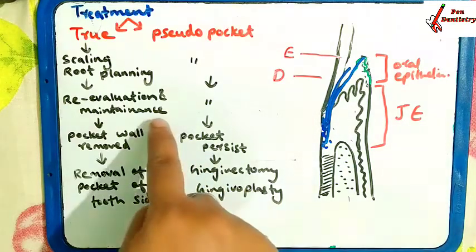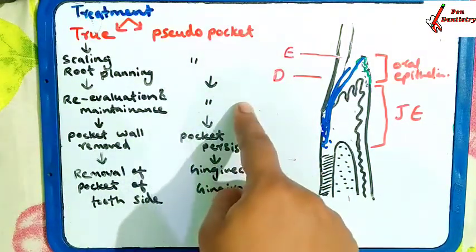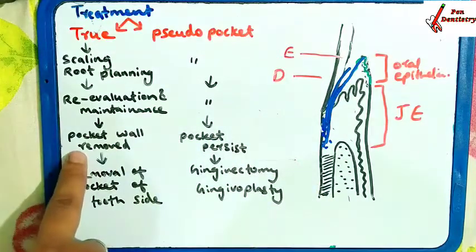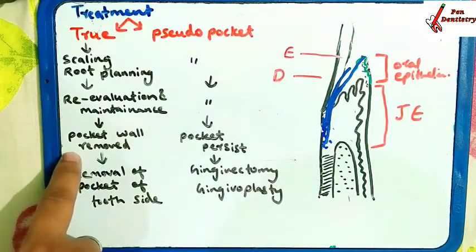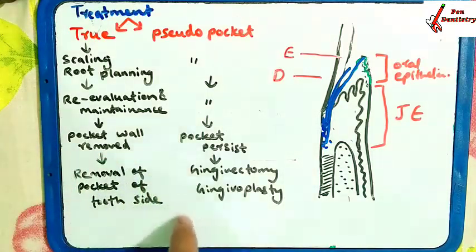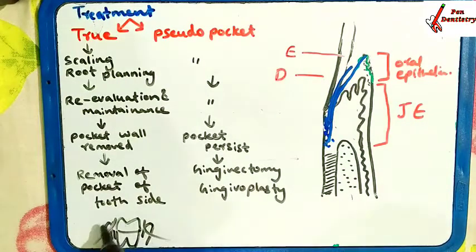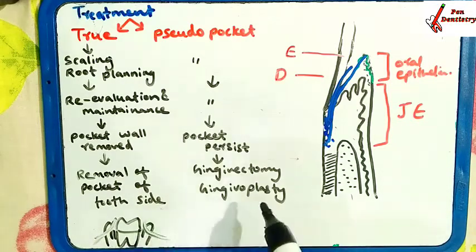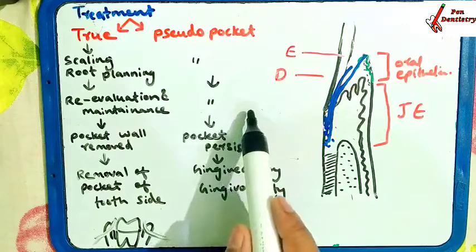The same in pseudo pocket you are going to do. In pseudo pockets, the pocket wall will be removed, and the removal of the pocket from the tooth side. The tooth which is suffering from the pocket, you are going to treat. Then re-evaluation and maintenance.